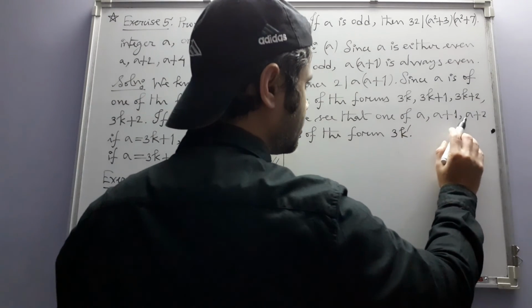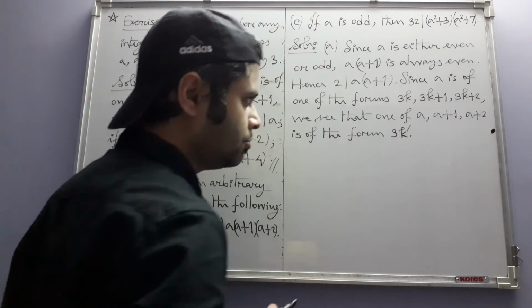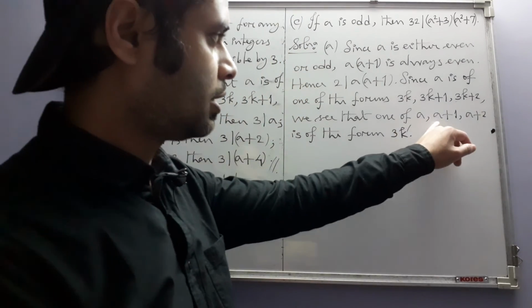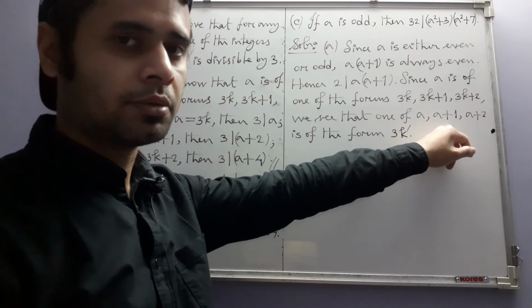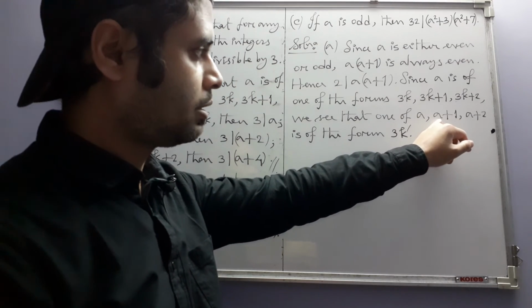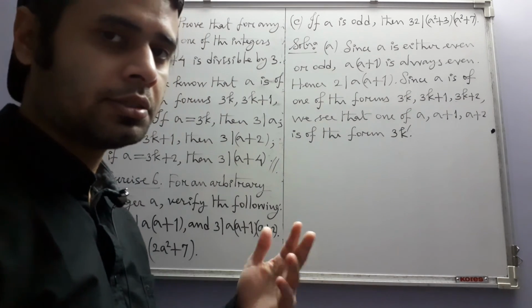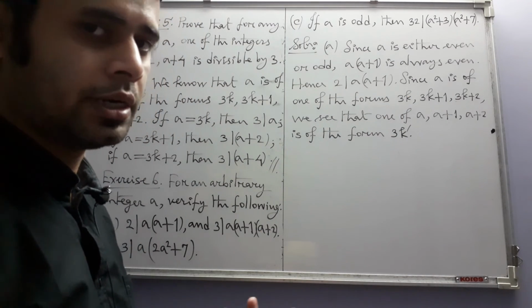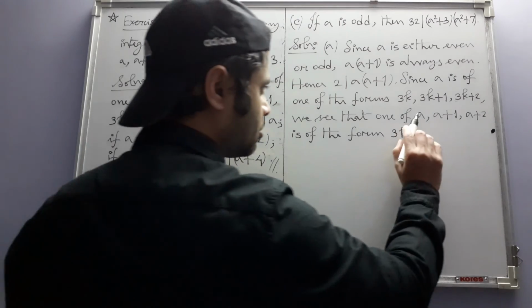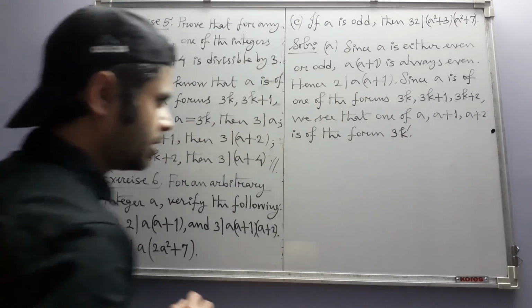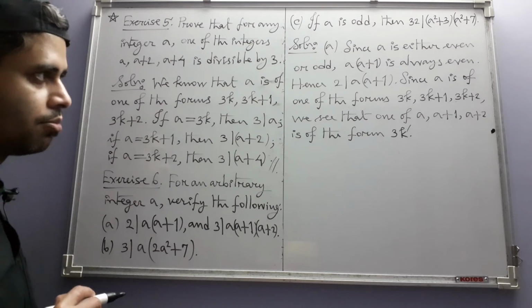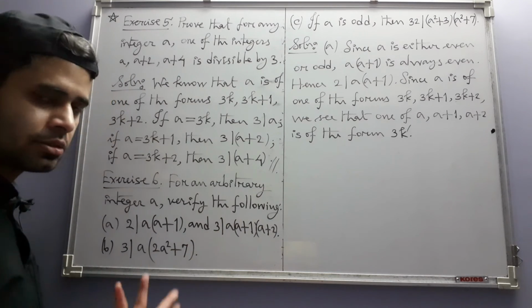And when A is of the form 3k plus 2, then A plus 1 is of the form 3k prime. And here again, A plus 1 is 3k plus 3, or 3 times k plus 1. So one of these three numbers is always divisible by 3. So their product is also divisible by 3.